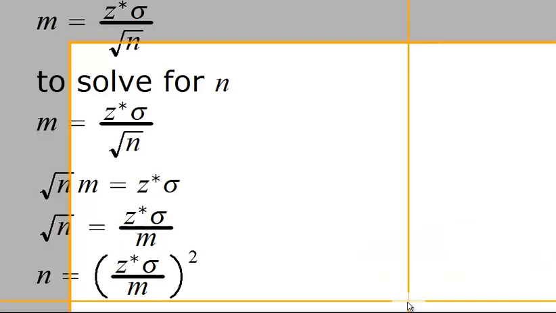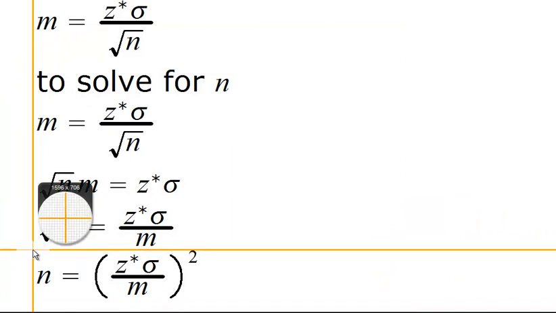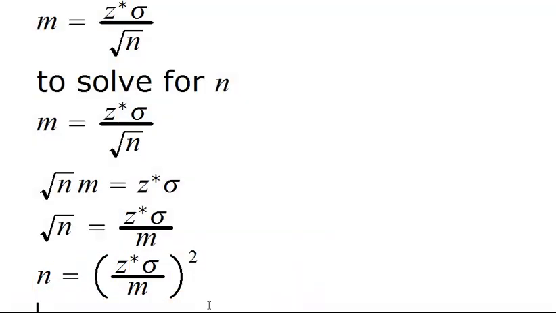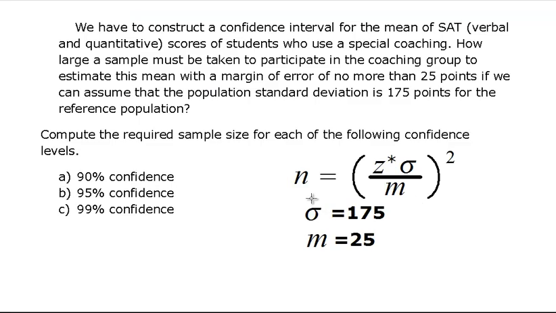So let's take it back into our question. Now here we have to obtain n, where sigma is given to be 175 and the margin of error is 25, at these three different confidence levels. These will be the same. The only thing that will change is the z star at these three confidence levels.